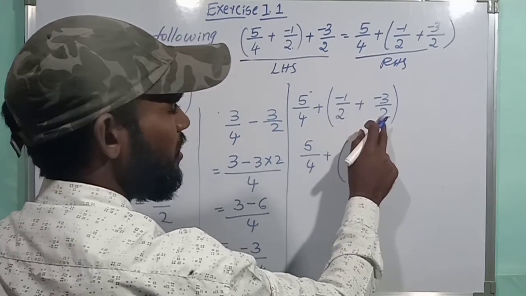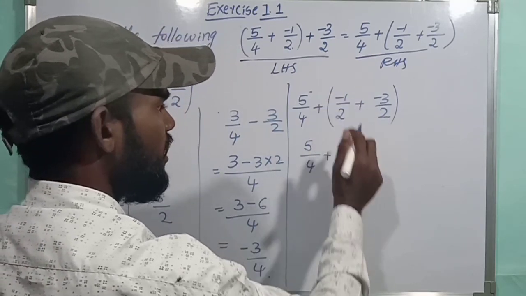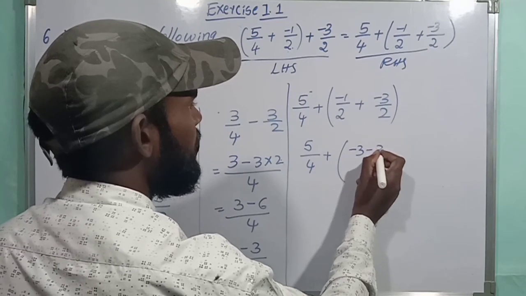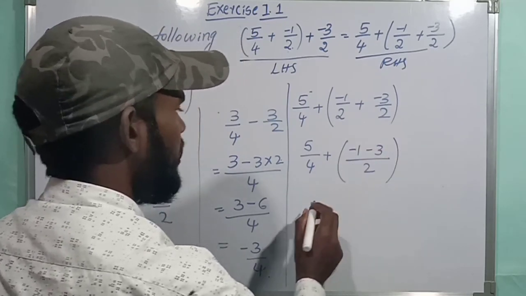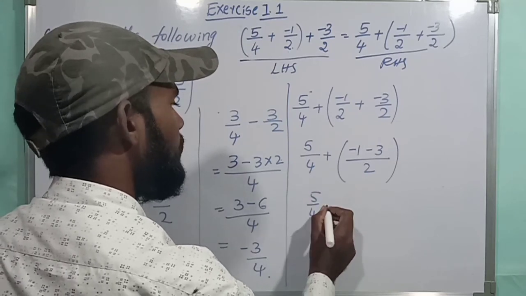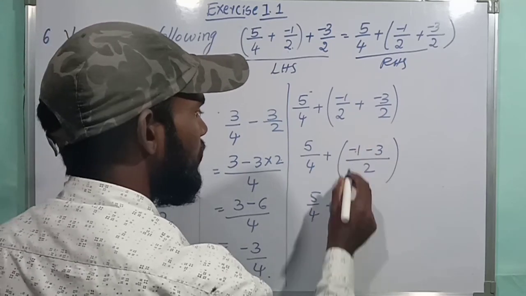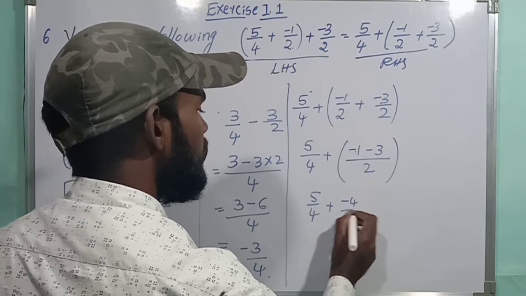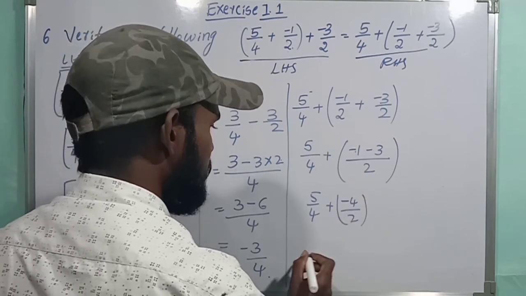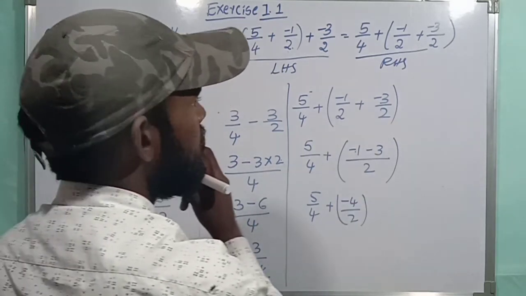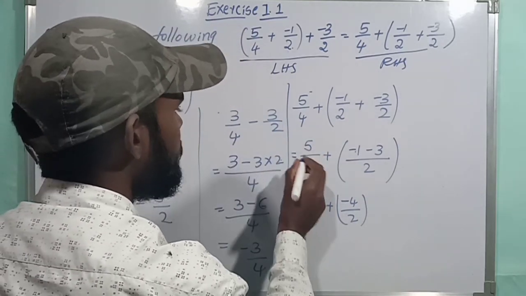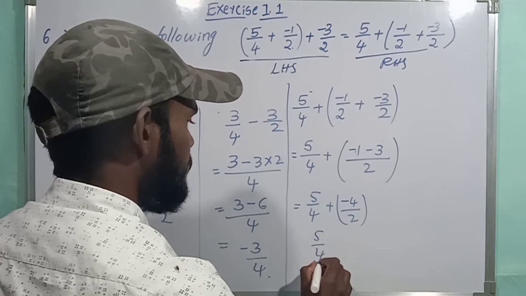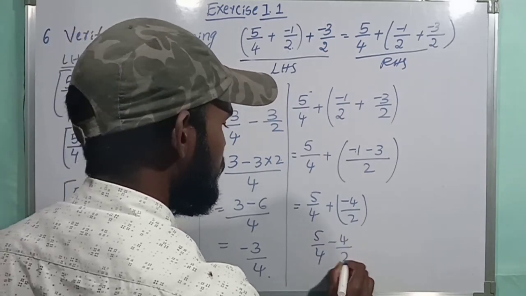Here both denominators are the same, so we can add directly: minus 1 minus 3 by 2, that is minus 4 by 2. Now 5 by 4 minus 4 by 2.